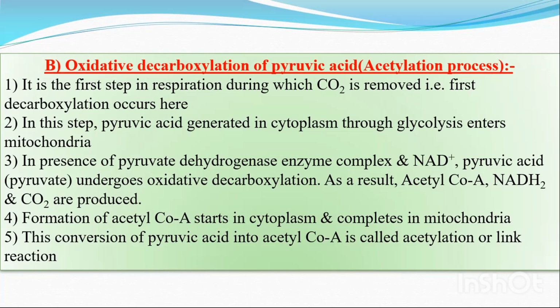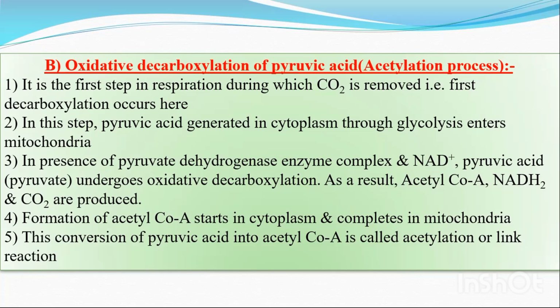Now that acetyl moiety will combine with coenzyme A at the outer mitochondrial membrane. Acetyl moiety plus coenzyme A combine together to form acetyl-CoA. Acetyl-CoA will come to the inner membrane of the mitochondria and it will release the acetyl moiety inside the mitochondrial matrix for further processing.